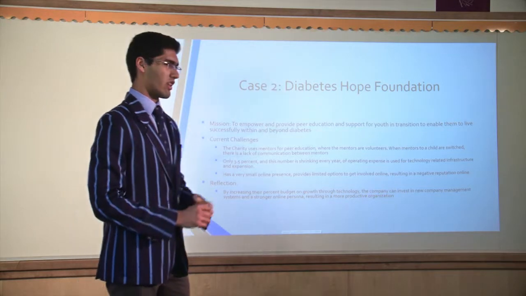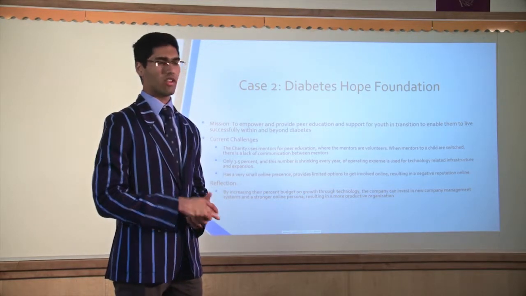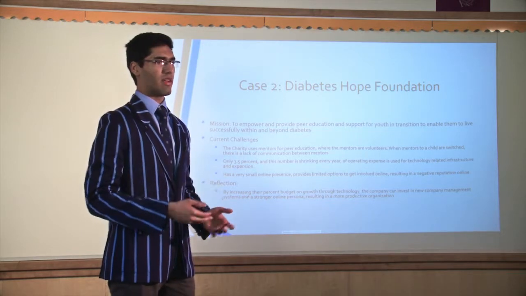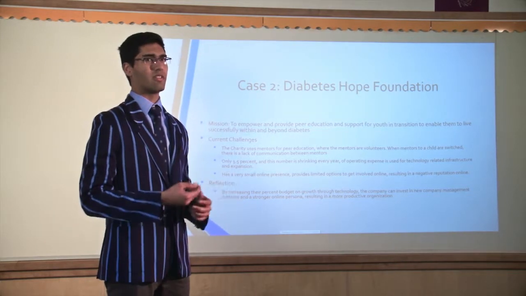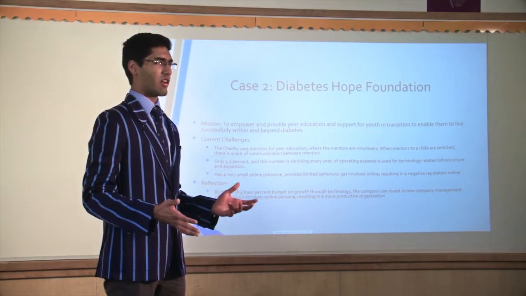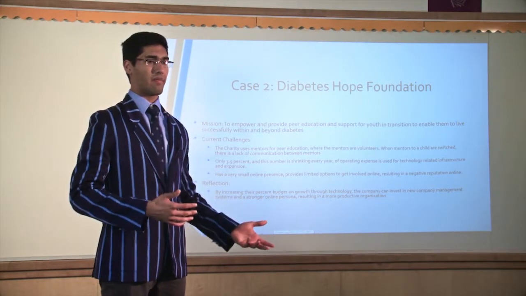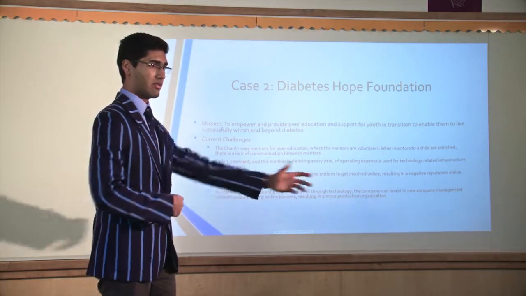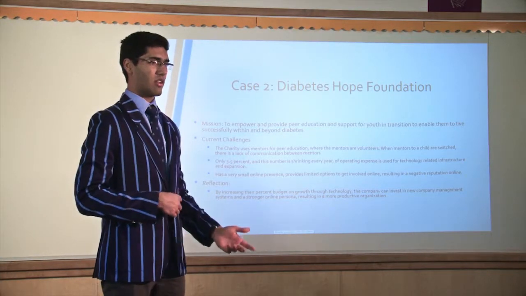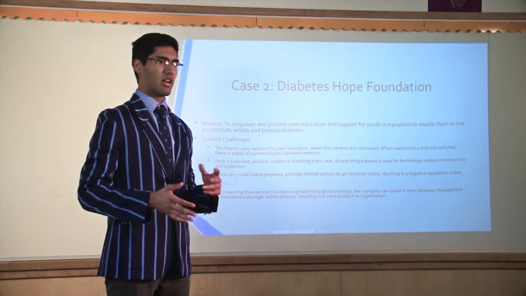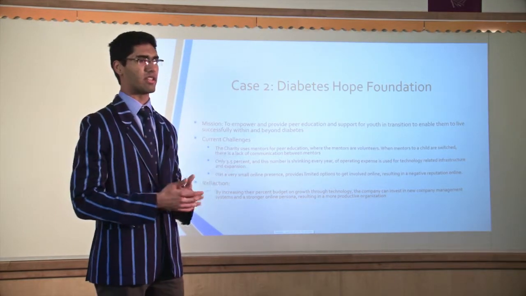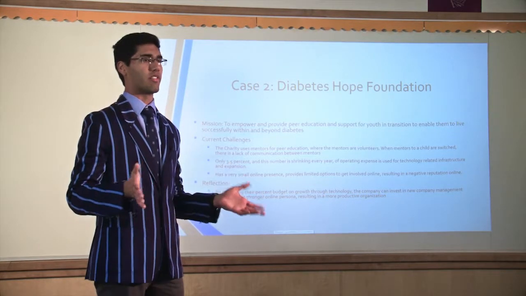They also have a very small online presence, so all of their marketing right now is mainly through flyers, word of mouth, really outdated methods, which are not relevant in the world today. By increasing their budget percentage for technology, you can really improve their expansion methods and increase the scope of their impact.